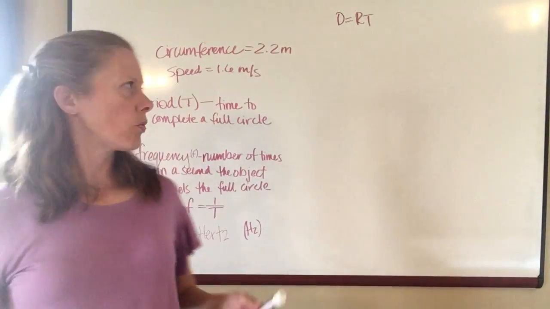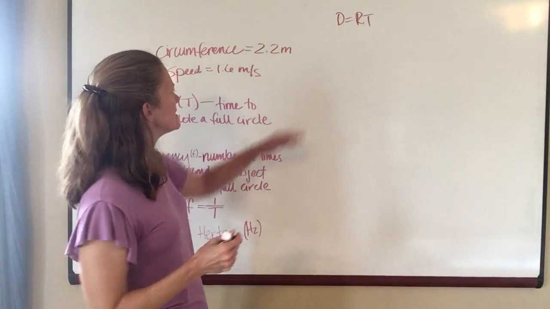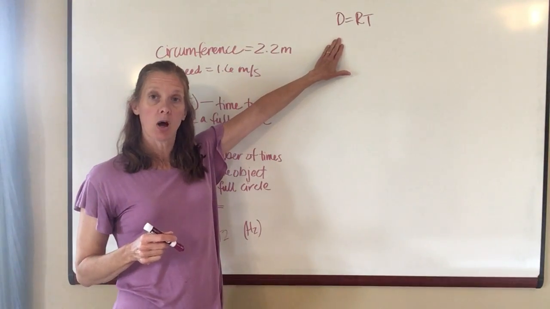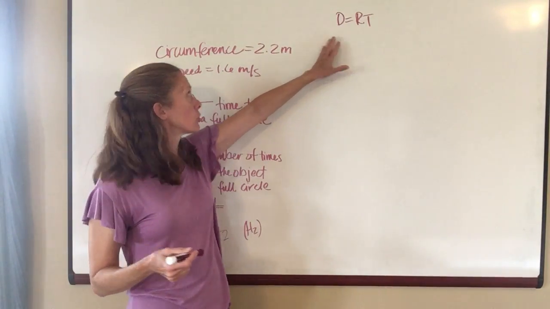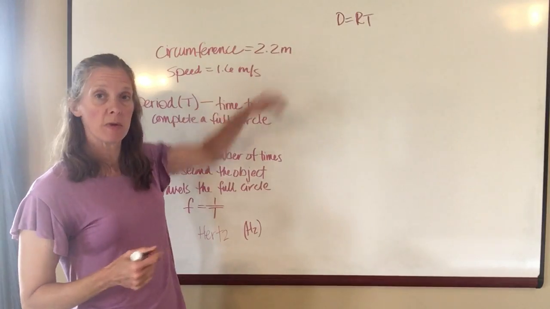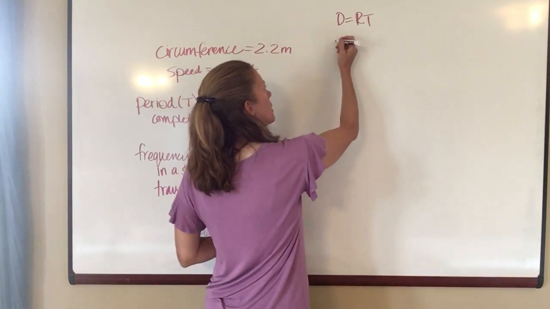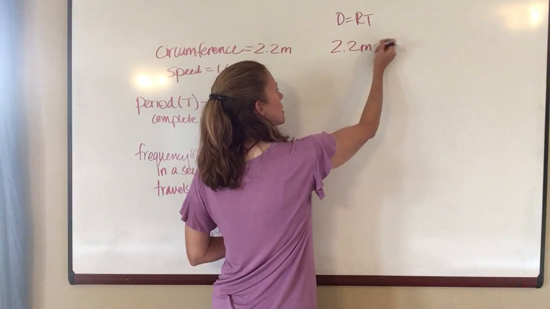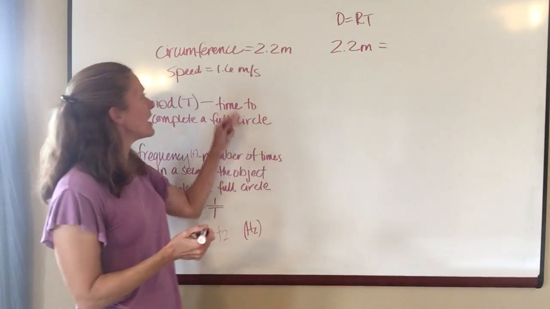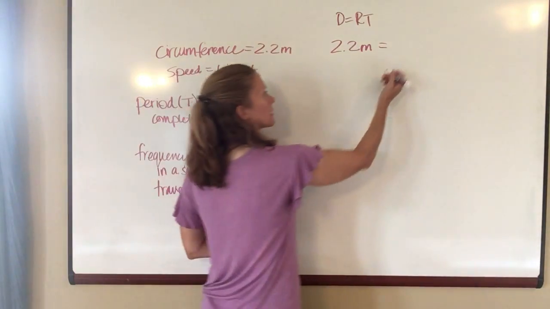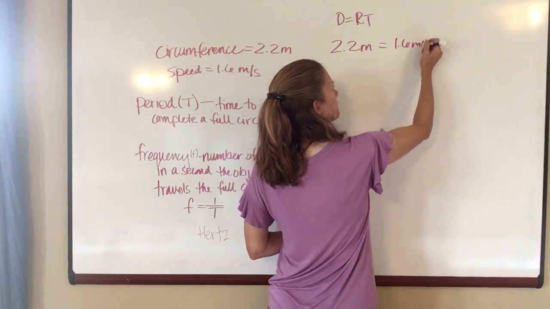Okay, so what is the distance that the dog travels to get in a full circle? It's going to be 2.2 meters because that's the circumference of the circle. I know that his rate is 1.6 meters per second. So that will go here.